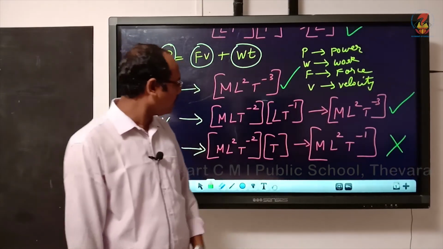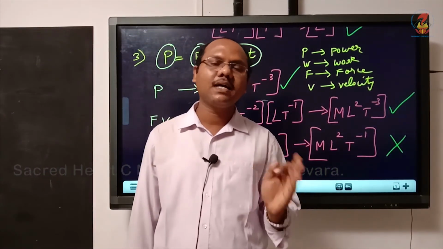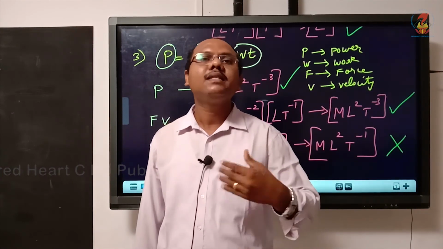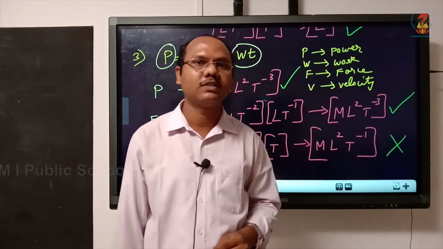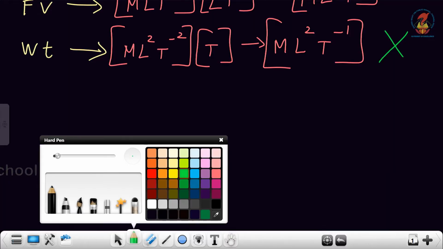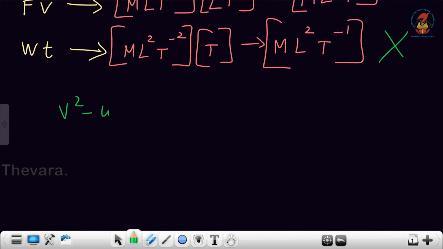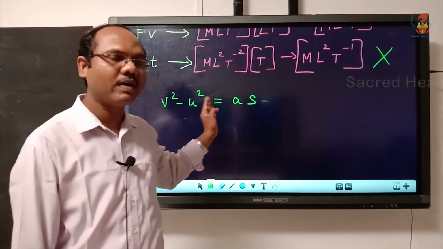Now, if one equation is dimensionally correct, it can be made correct if I add some constants. For example, I am just giving an equation v square minus u square is equal to as. You already know the correct equation is v square minus u square equal to 2as.